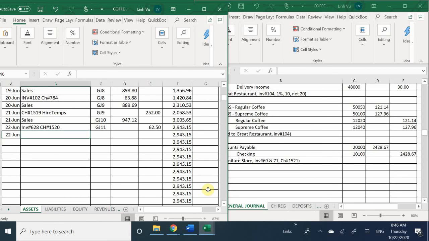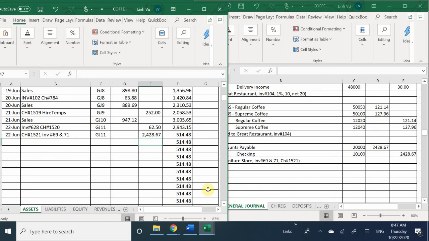Check number 1521. We can do invoice 69 and 71, GJ 11, credit 2428.67. That gives $5,371.82. Or I added, not subtracted.